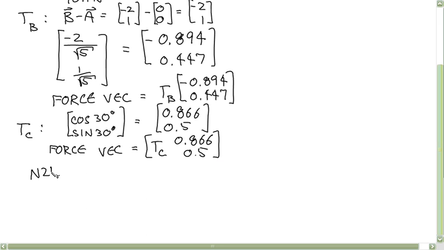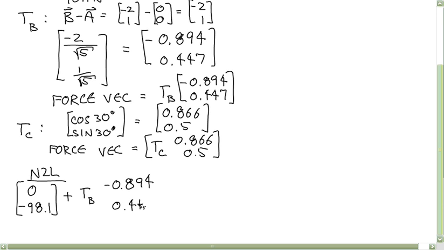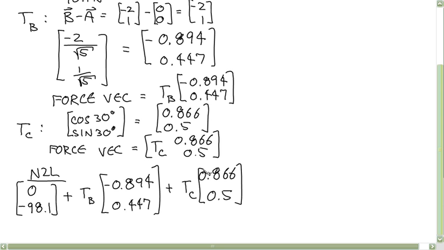So Newton's second law, if we add all these up, says 0, -98.1, plus TB times 0.894, 0.447, plus TC times 0.866, 0.5 is equal to 0, 0.